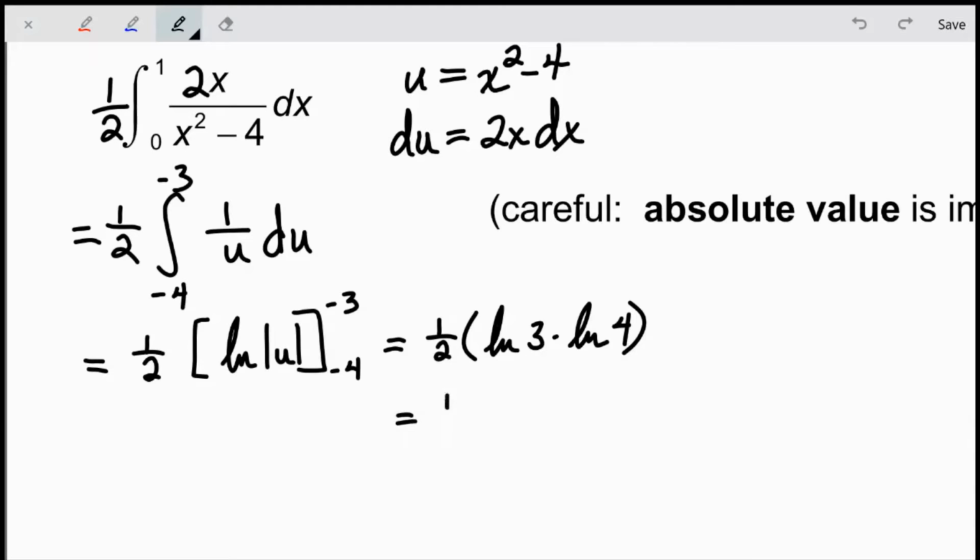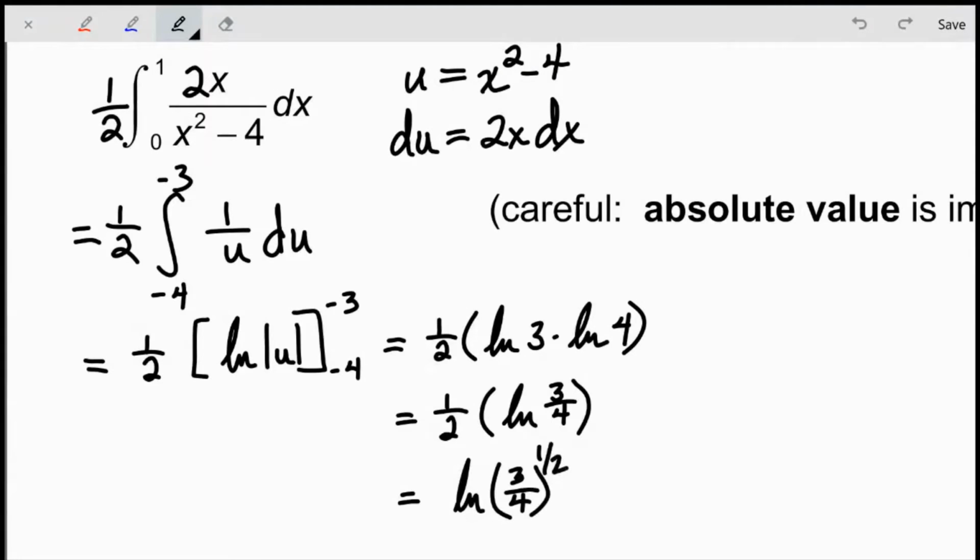We could also use log properties though, and we could make this 1/2 natural log of 3/4. That would be acceptable. We could make this natural log of 3/4 raised to the 1/2 power. That would be acceptable. We could make this natural log of square root of 3 over 2. That would be acceptable. So there's a lot of different ways I can write my answer, right? That's kind of the main idea.